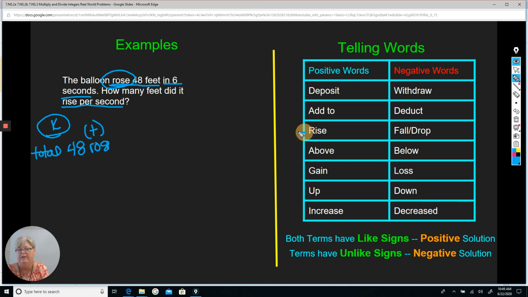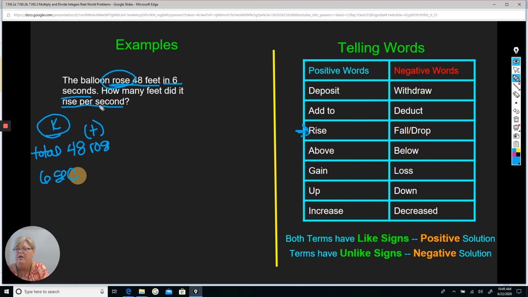You can look over here. If it's rise, that's a positive. And 6 seconds. Now, remember, time will always be positive. You can't have a negative time. We can't go back in time, so time is positive. So 48 feet in 6 seconds. How many feet did it rise per second?